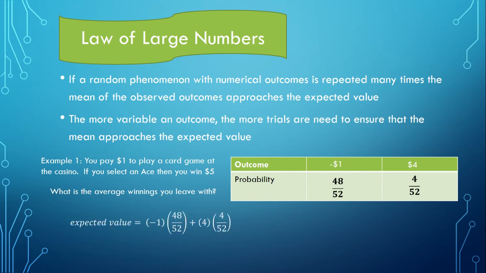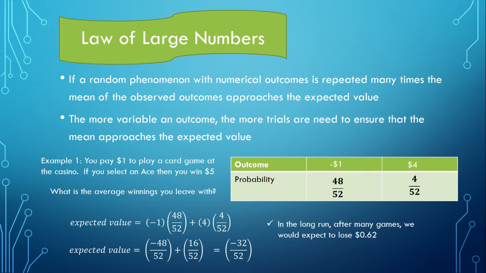So we're going to take our -1 and multiply by 48, and our 4 and multiply by the 4, and that gives me -48 over 52 plus 16 over 52, which is -32 over 52. So if I divide that, I get -0.62. So in the long run, after many games, we would expect to lose, on average, 62 cents each time we played the game.